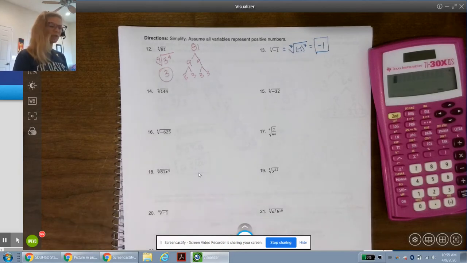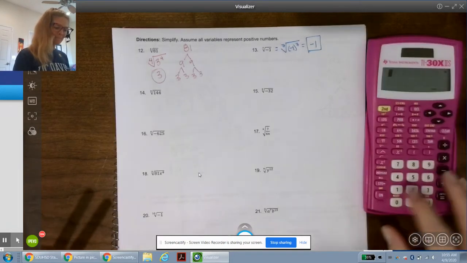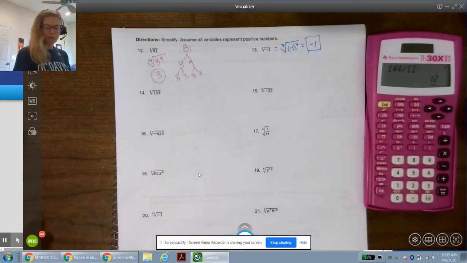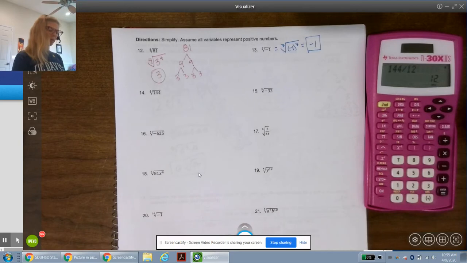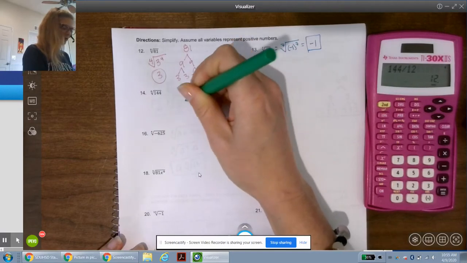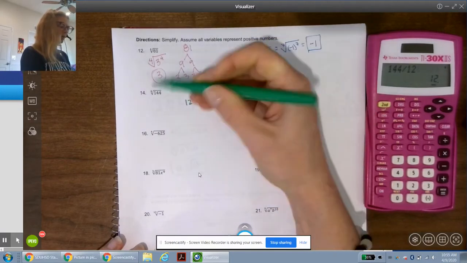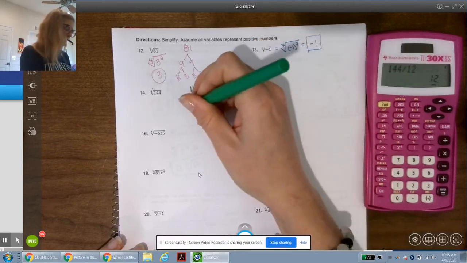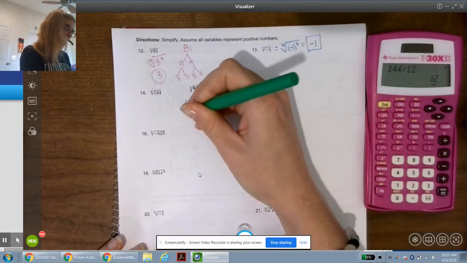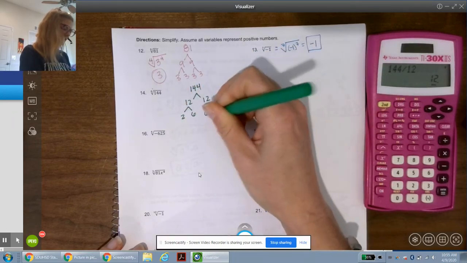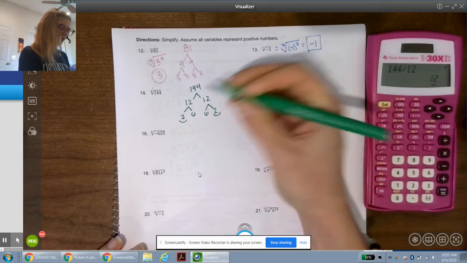4th root of 144. I think of 12, because 12 times 12 is 144, since we worked so much with our perfect squares. So we're looking at 144 with a factor tree, 12 and 12. But notice I want a 4th root. So I'm going to break this up into 2 and 6, and this side up into 6 and 2. Stop at my 2's.